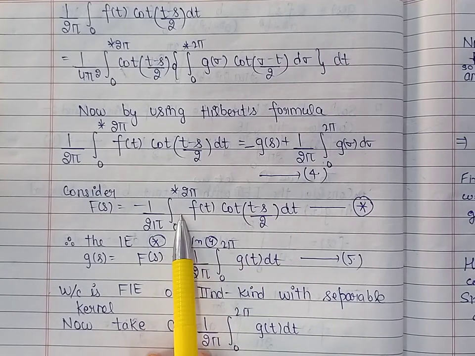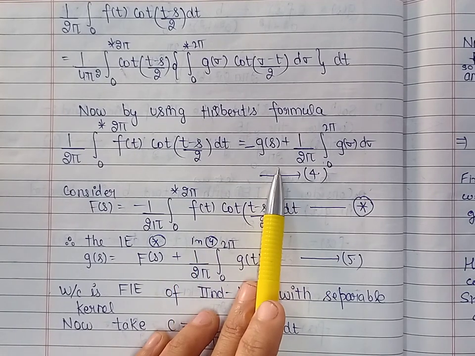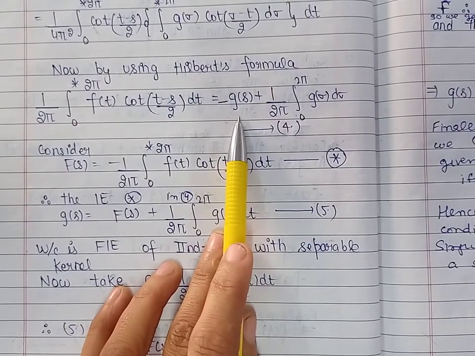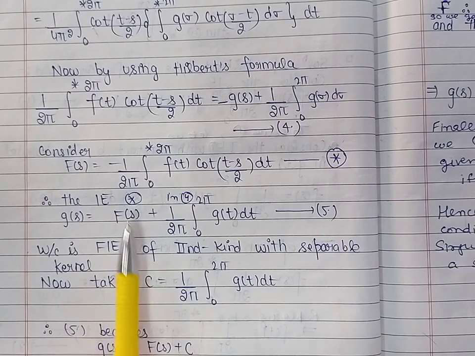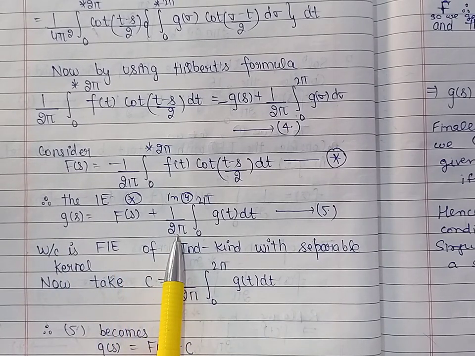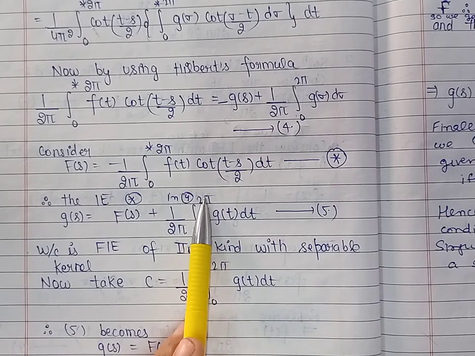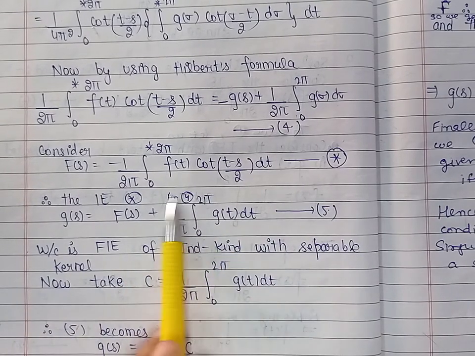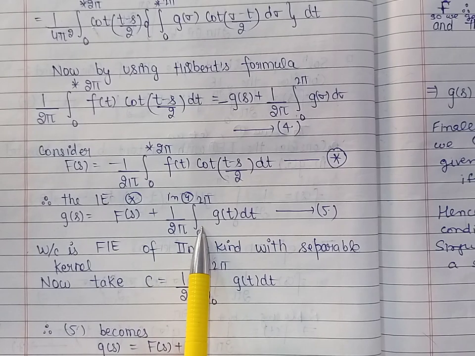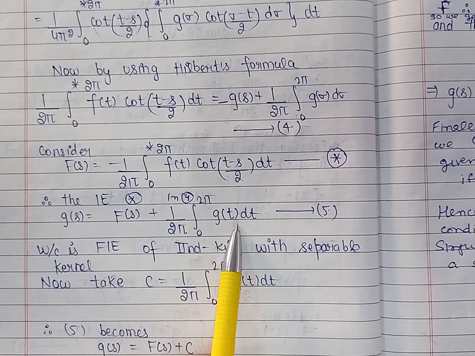So, using this in equation 4, the equation can be written as g(s) = F(s) + (1/2π) ∫ from 0 to 2π g(t) dt. Now, this integral equation is a Fredholm integral equation of second kind with separable kernel.